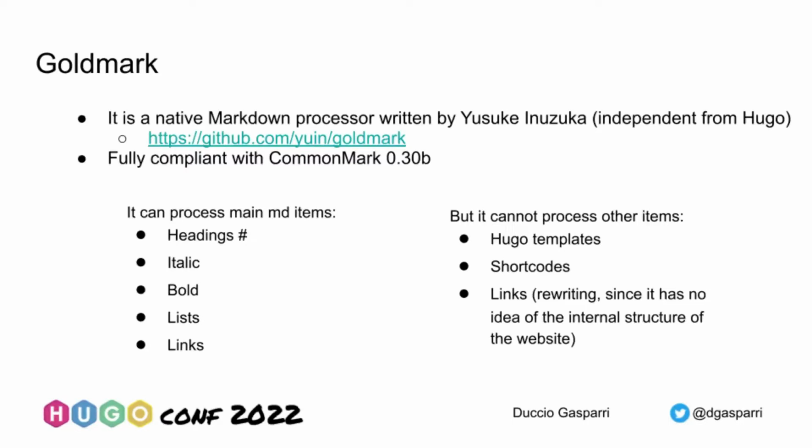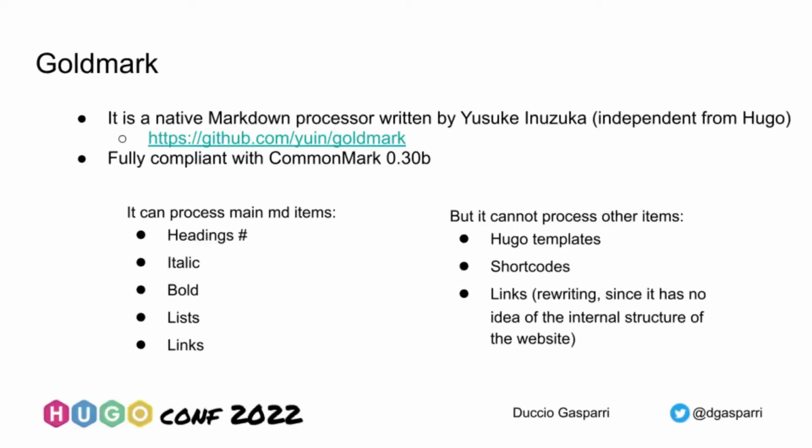Goldmark is a native Markdown processor written by Yusuke Inuzuka. I hope I'm pronouncing it correctly. And it is an independent project from Hugo. It's fully compliant with CommonMark 0.3, and it can process the main Markdown items such as headings, bold, lists, links, and so on.